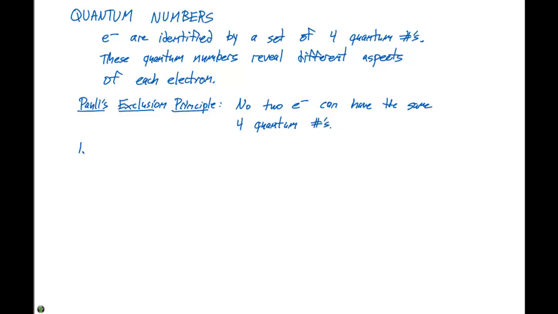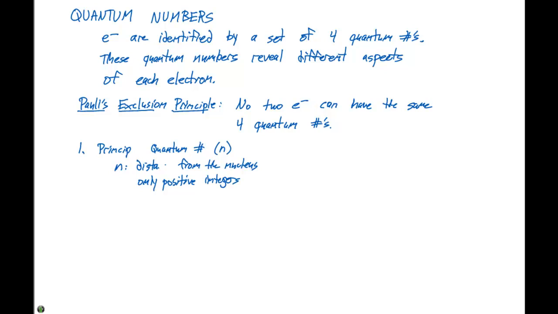Quantum number 1 is referred to as the principal quantum number, and it's abbreviated by the lowercase letter n. n represents the distance from the nucleus, and these are only positive integers.